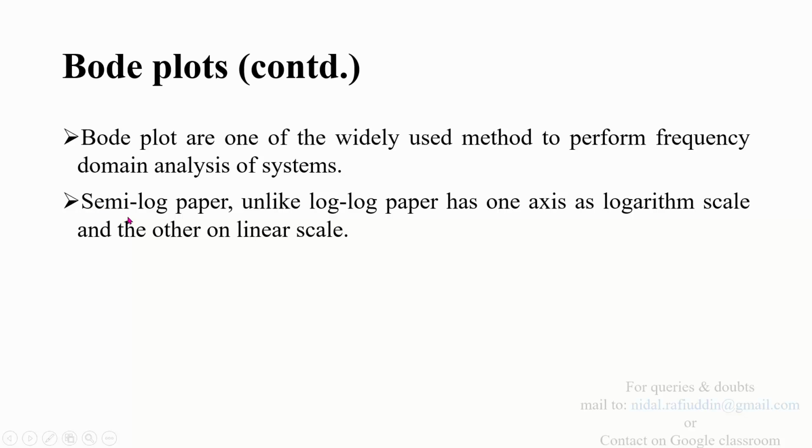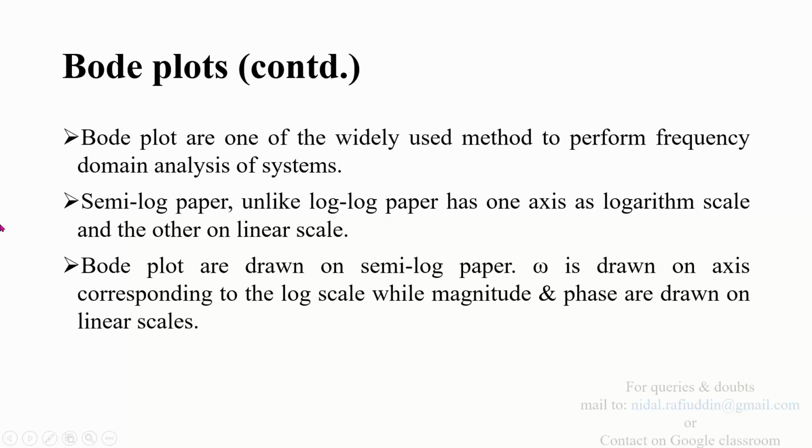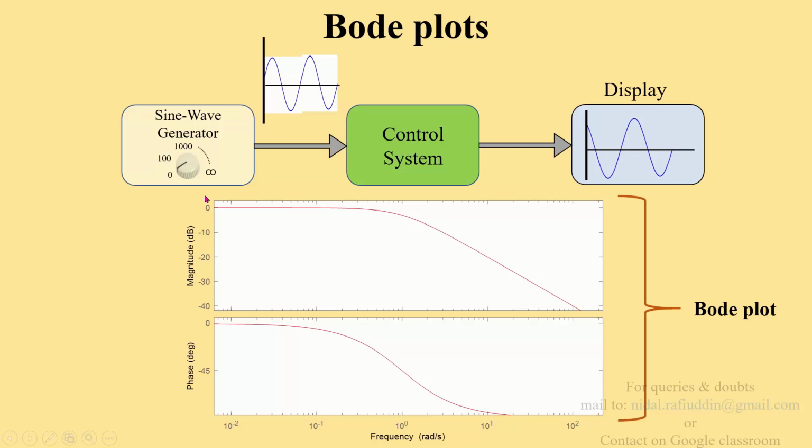So we're talking about semi-log paper. Bode plots are drawn on semi-log paper. Omega is drawn on the axis corresponding to the log scale, while magnitude and phase are drawn on linear scales. If you see this plot, the marking on the x-axis, the frequency axis, which represents omega, is unusual. It's not linear.